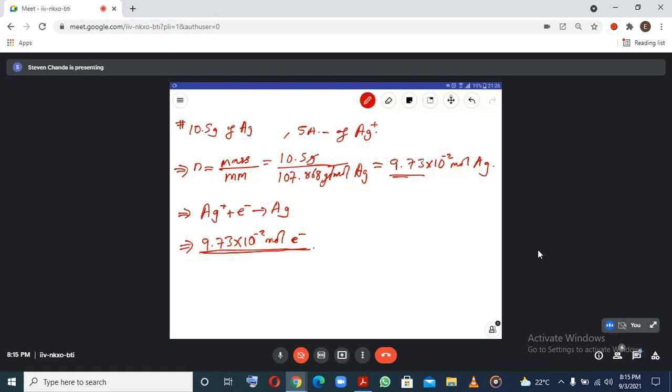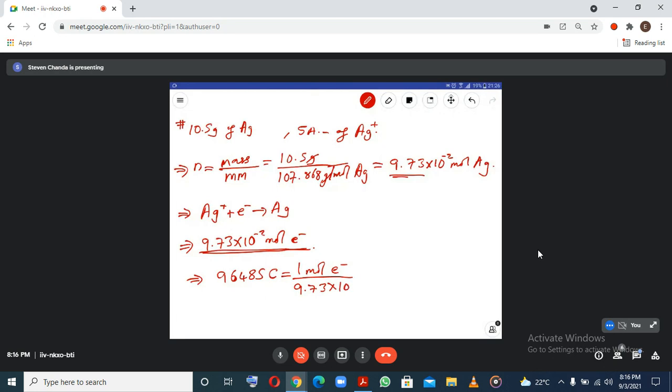So after you've done that, you now go back to Faraday's constant. Remember, Faraday's constant says one mole of electrons produces what? 96,485 coulombs of charge. So now I've got this number of electrons. What charge will they produce?